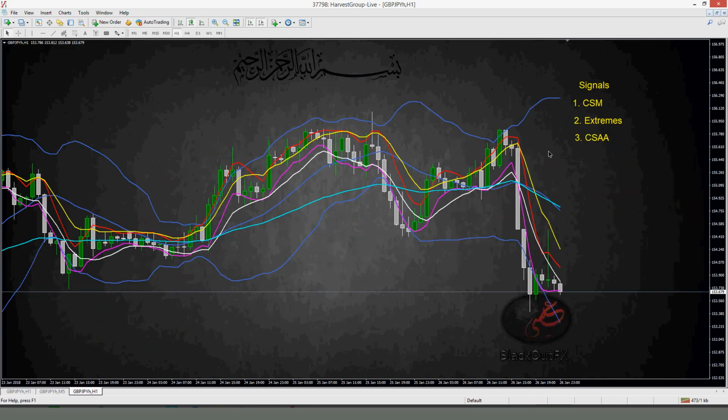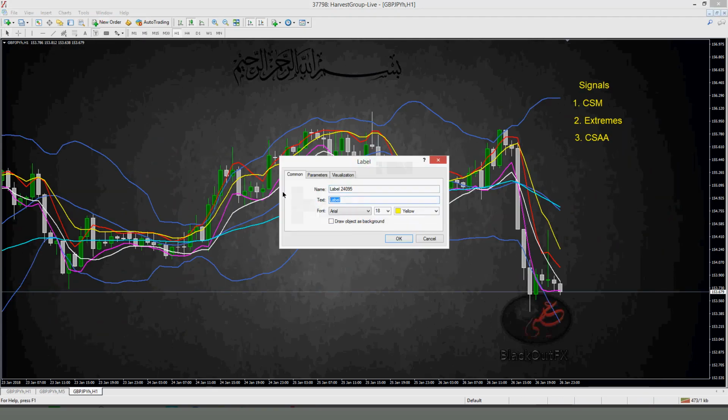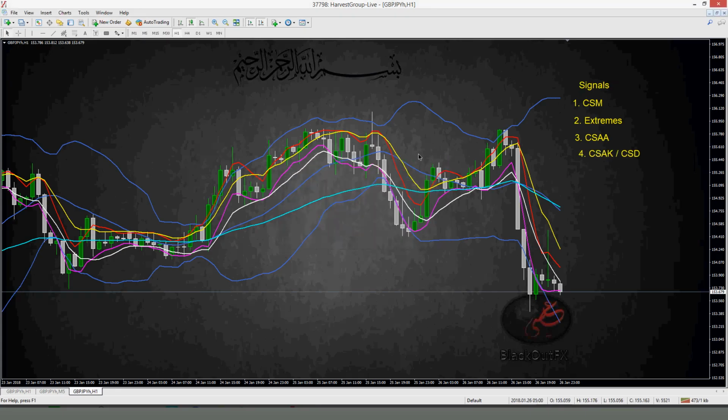And obviously the last signal is CSAK, which in English is CSD, candlestick direction. Its definition is a candlestick that breaks through MA 5, 10, and middle BB.